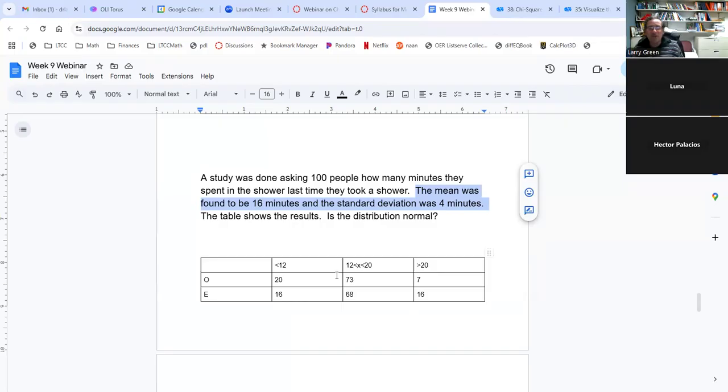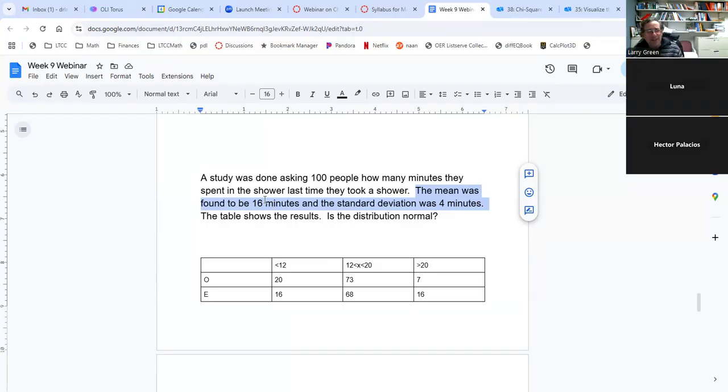So why are the numbers 12 and 20 important if the mean was found to be 16 and the standard deviation was 4? You remember that? It's been a while.